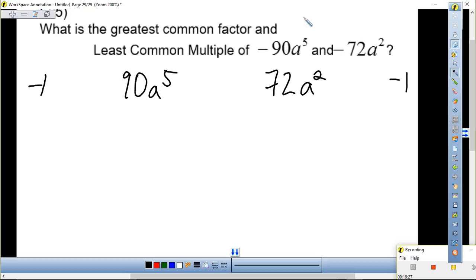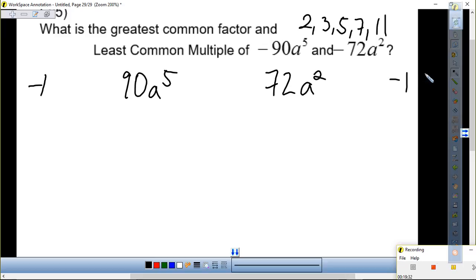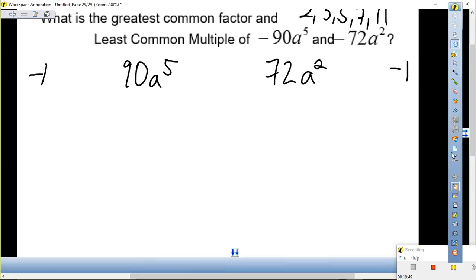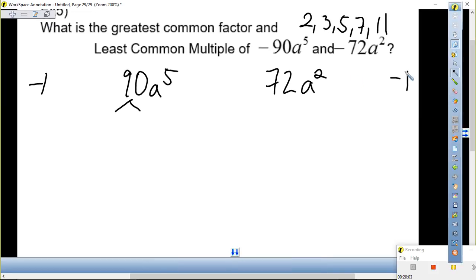Oh, let me help you out with these. 2, 3, 5, 7, 11. There you go. You're welcome. Okay, let's see. The biggest one of these prime factors that divides evenly in there is what? 5, very good, times 18, my bad.